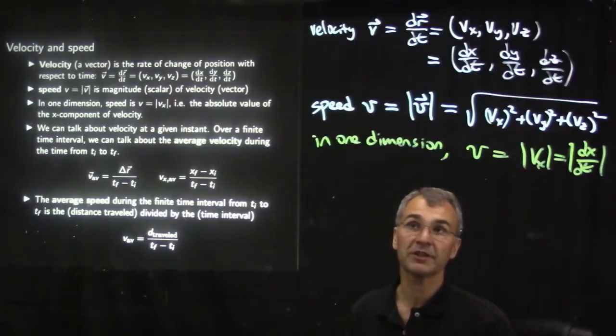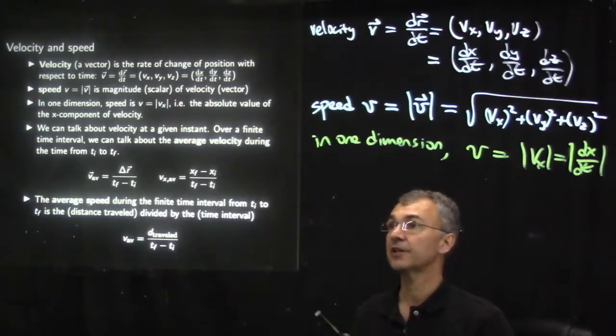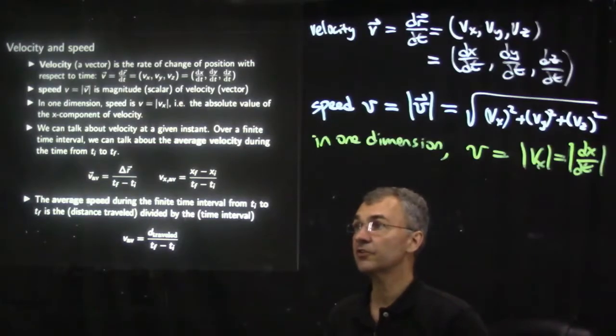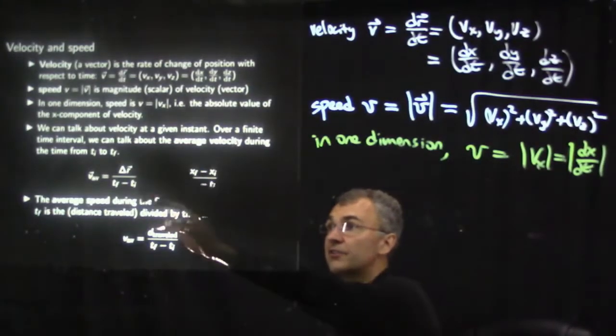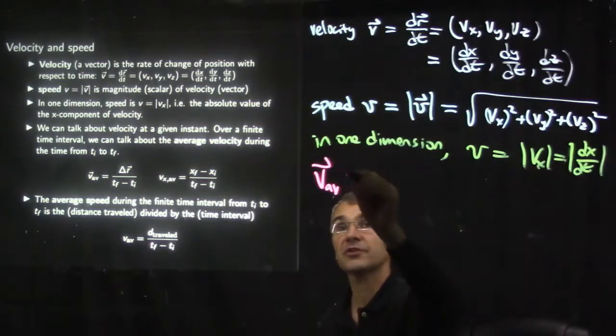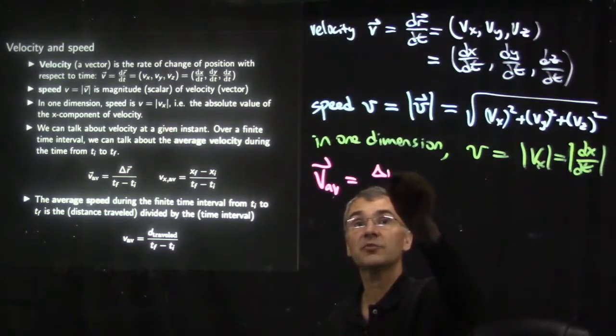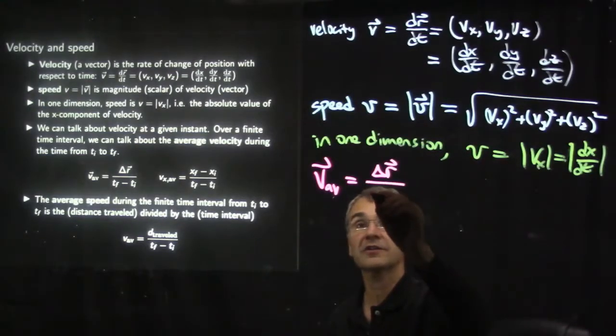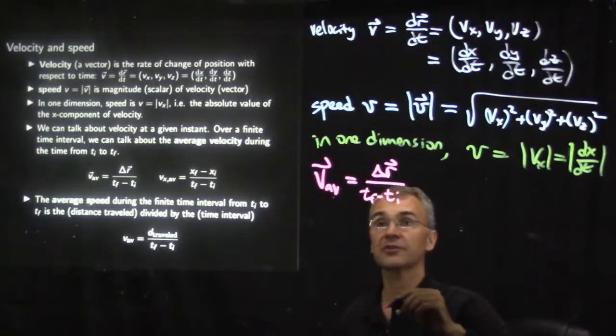The definition is v average is the displacement, delta r, divided by the time interval, t final minus t initial.